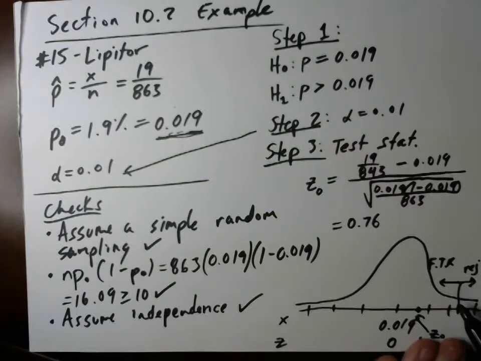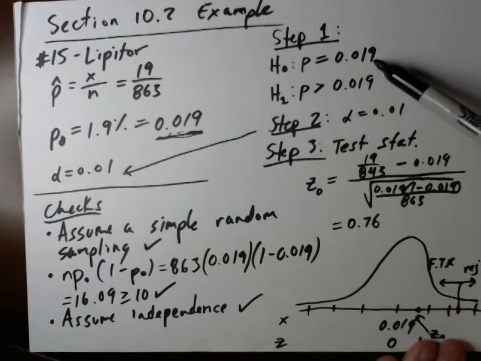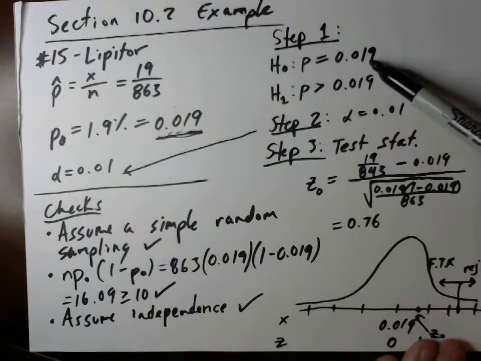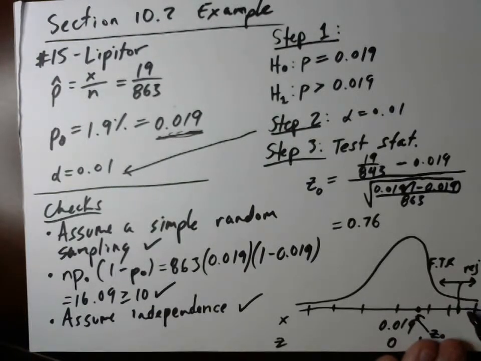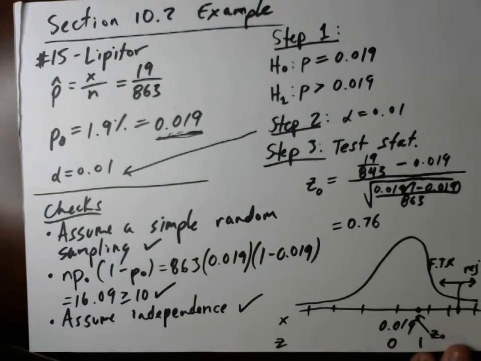As mentioned, it's really bad to have a large value. In other words, it's not looking good for 0.019 if our sample data is really far away from it, and in turn we get a really large z-score for our test statistic. So we reject H0 based off our sample if we are beyond the critical value.